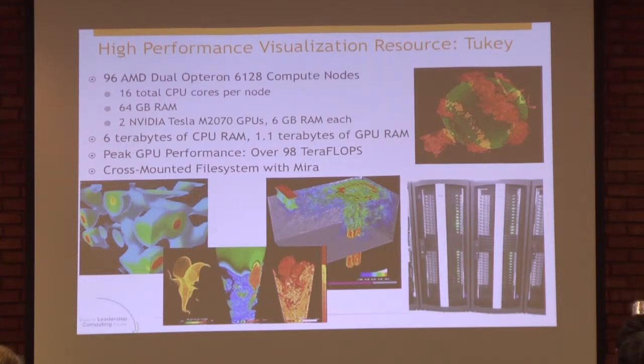And also what we call co-processing, where you have a setup similar to what we have: your high-end compute resource connected via high-speed bandwidth to a visualization resource, and you can move data very quickly between those two resources and leverage the viz resource for visualization and analysis.